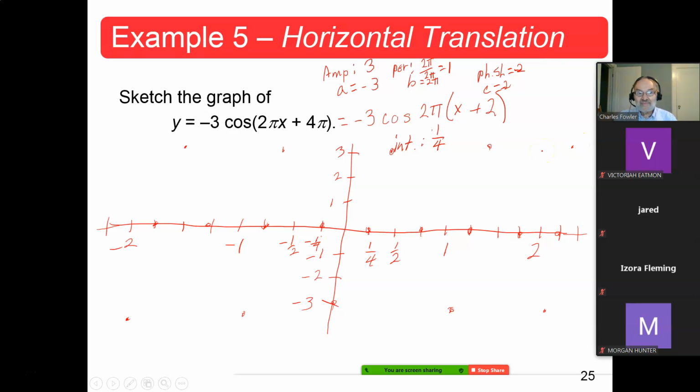Say again? Mr. Fowler, do you know your screen is green? My screen is green. Yeah, your screen is like glitchy right now. It's showing green for us. Oh, okay, so everybody. Is that everybody? Because my screen is perfectly white. Okay.